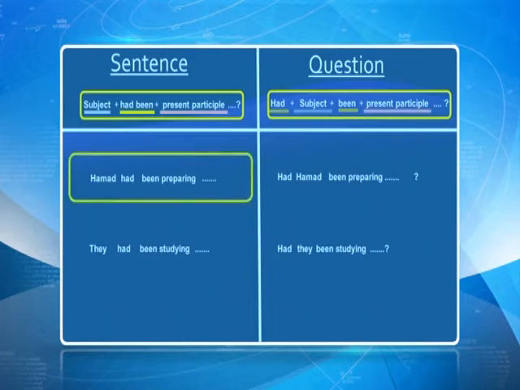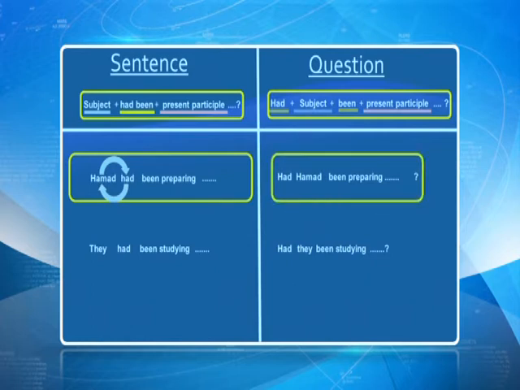So, Hamad had been preparing. If I want to ask a question, I switch the word order of the subject and the helping verb had. The question becomes, had Hamad been preparing well for the tournament, for example? Don't forget to end your interrogative sentence with a question mark.